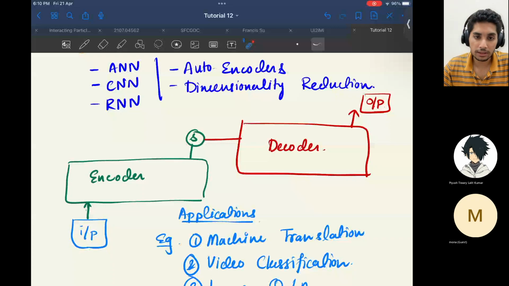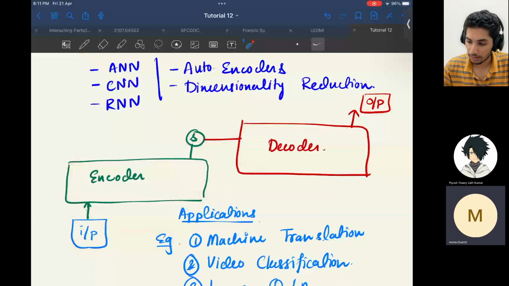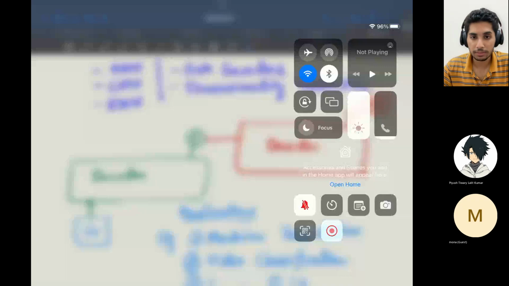I don't know if my screen was visible in between or not. I pointed to a few things, but I'm not sure if that was visible. Can you confirm once? Yes, visible. Okay, just a second. You might face some lag right now. I think there is some issue with Wi-Fi.